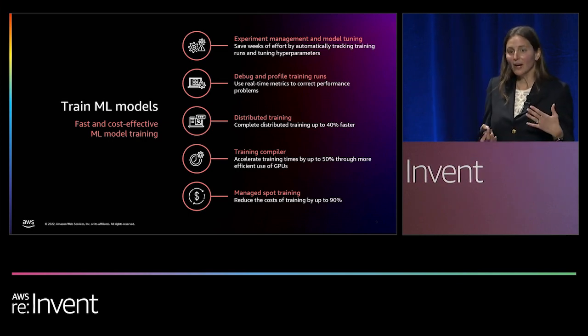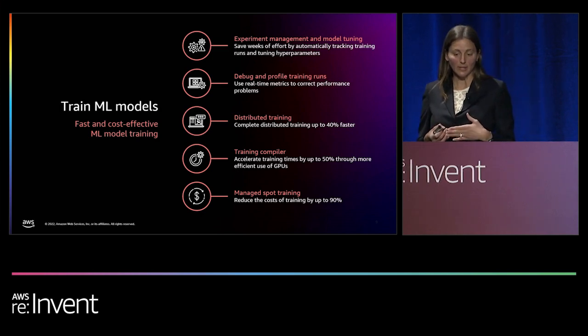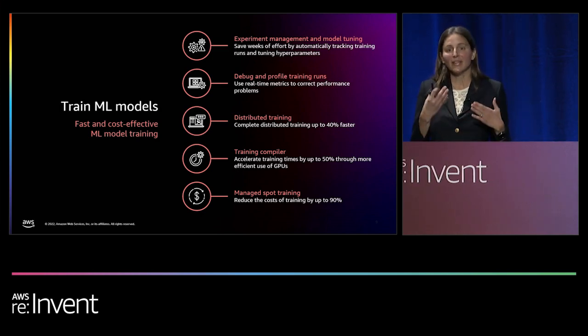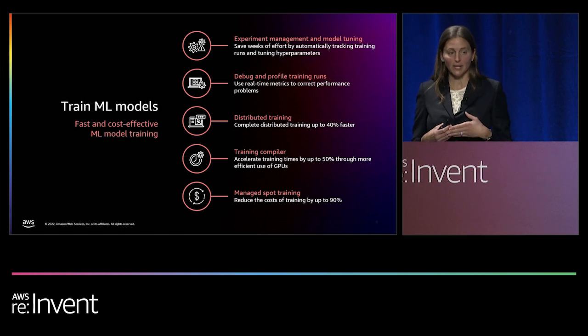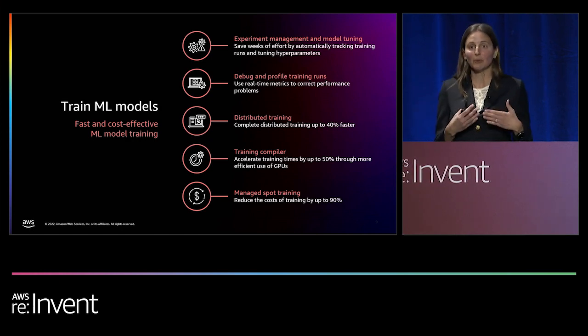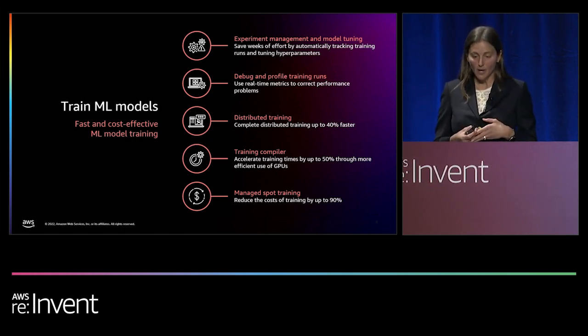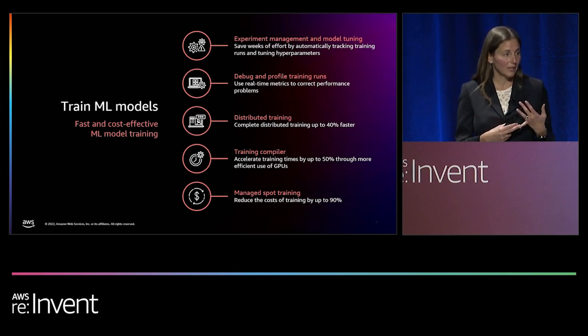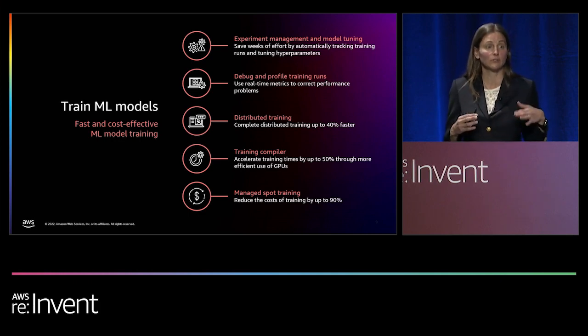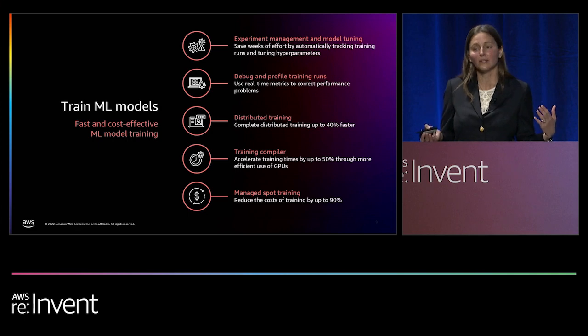And then we also have a bunch of capabilities around model training. And the idea with model training is to make it as fast and cheap as we possibly can. We've got a lot of built-in capabilities that make best use of the infrastructure. For example, you could use managed spot training. We have distributed training, which allows you to perform data and model parallelism.